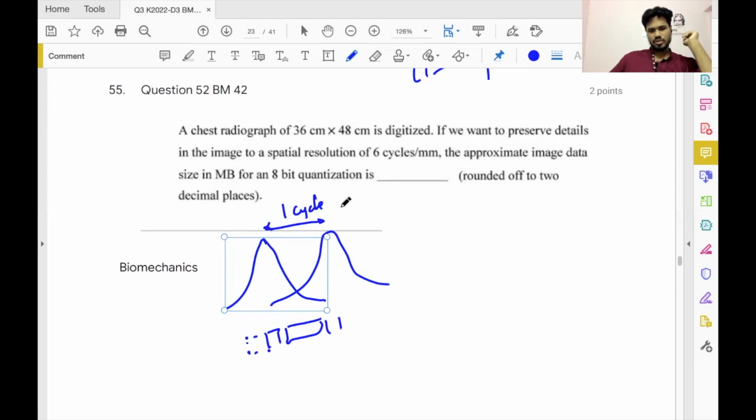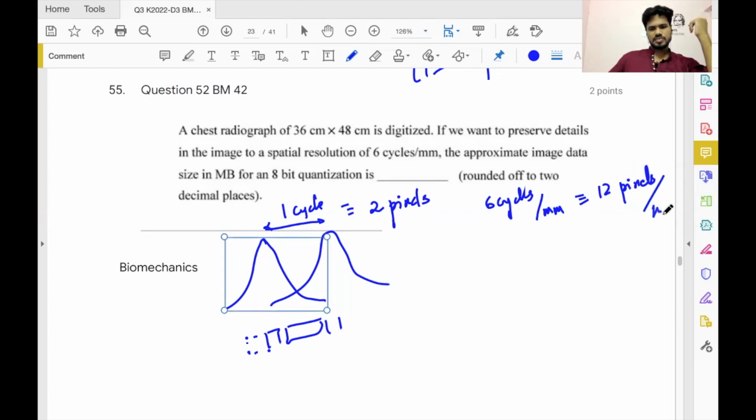So one cycle corresponds to 2 pixels. So 6 cycles per mm essentially means at this resolution, the number of pixels we need will be 12 pixels per mm. Below this, we hit upon something known as the Nyquist frequency rate. We cannot capture the image properly. Okay, so per mm, then things are all fine.